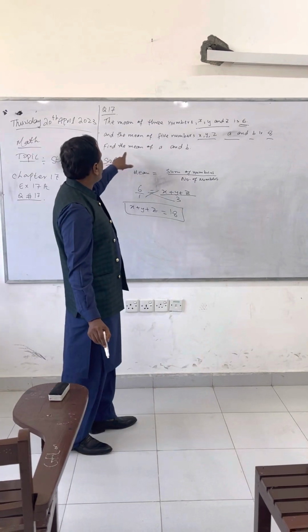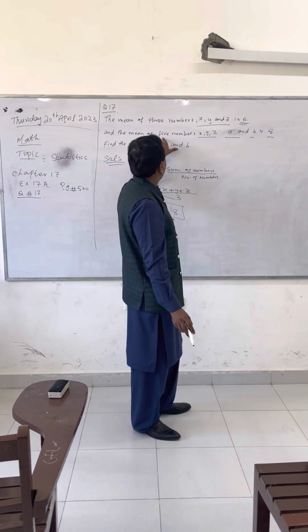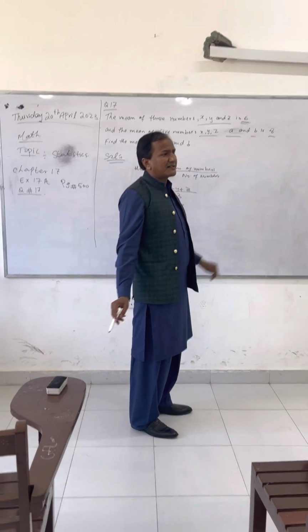Now, the second part of this question is the five numbers, and the mean is 8. What are those five numbers?